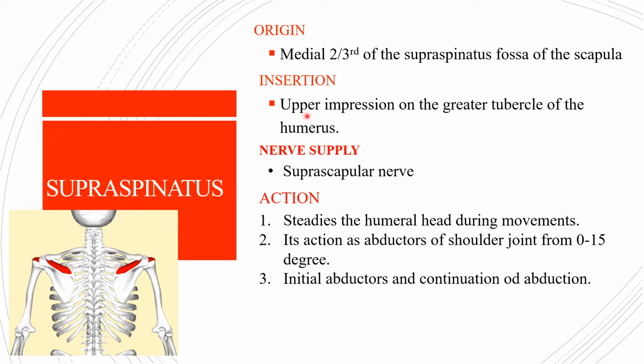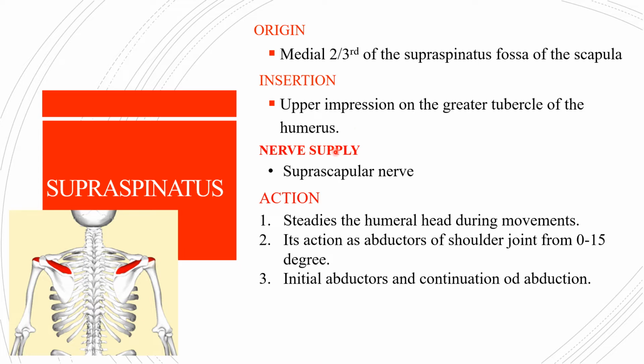The upper impression on the greater tubercle of the humerus is for the supraspinatus insertion.